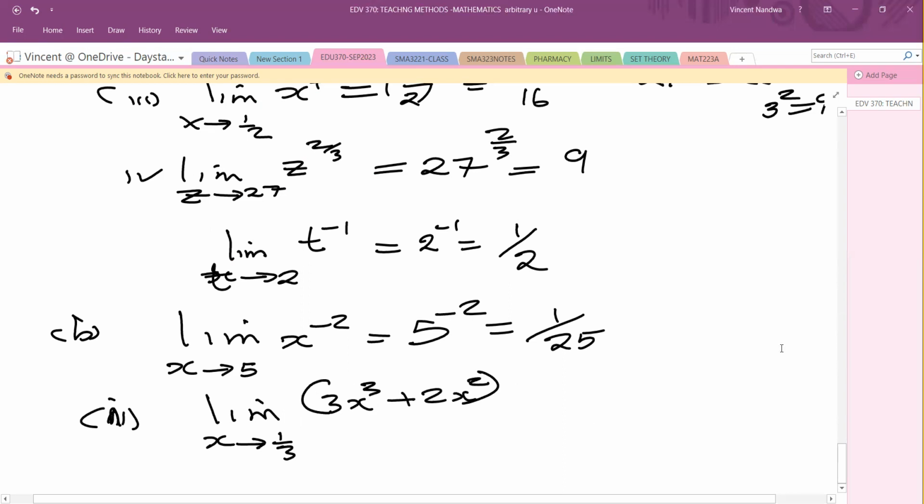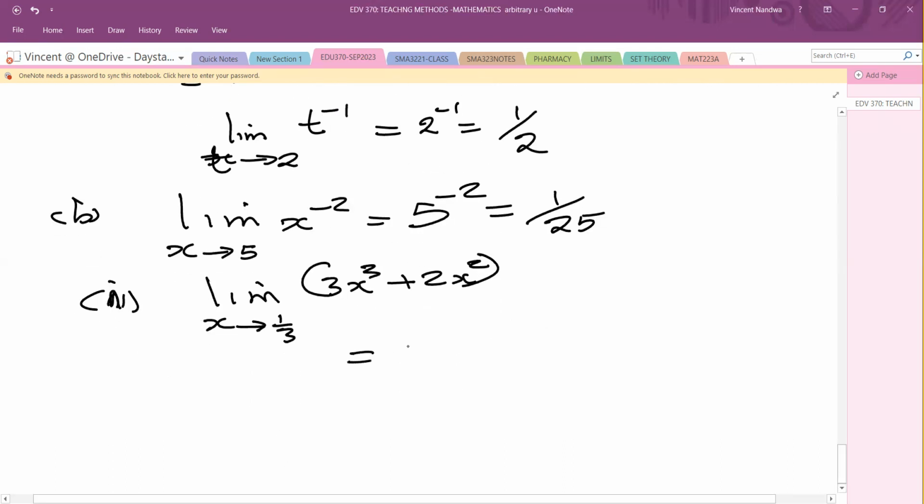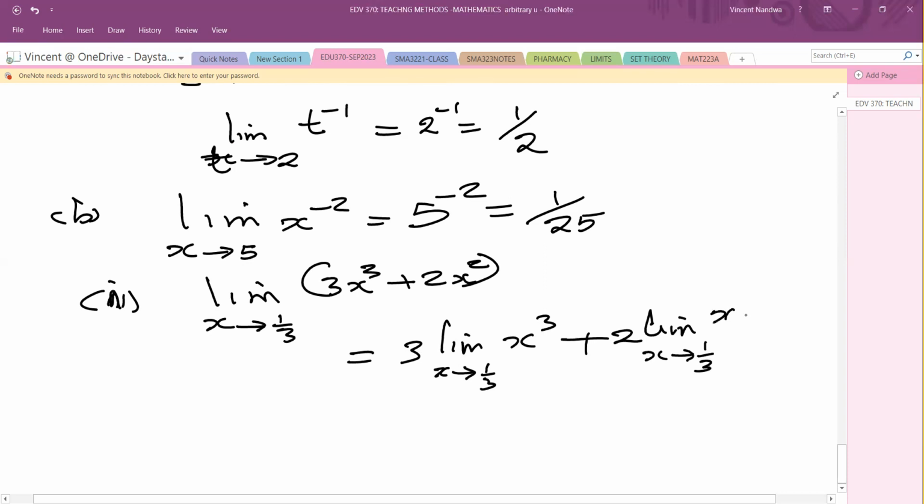So that is 3 times the limit as x approaches a third of x cubed, plus 2 times the limit as x approaches a third of x squared. Correct. That's our next step.